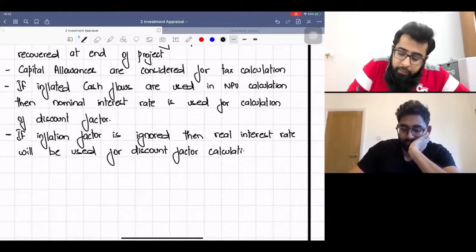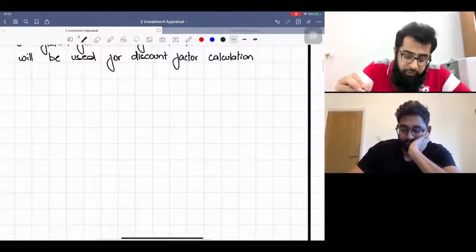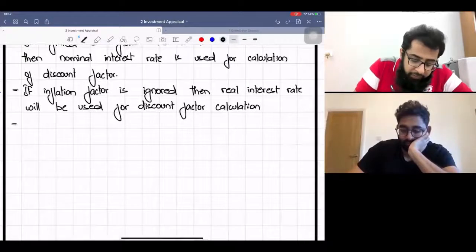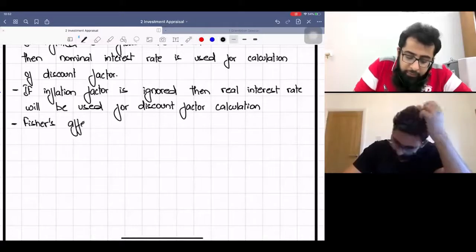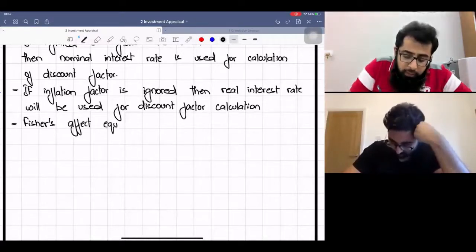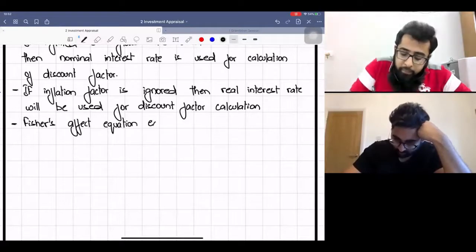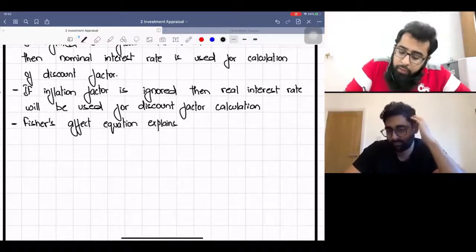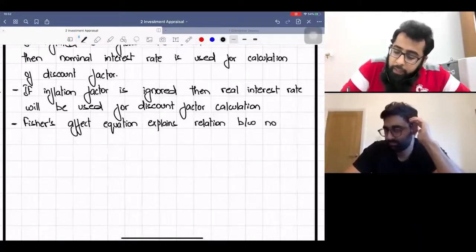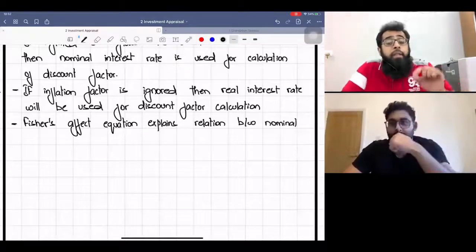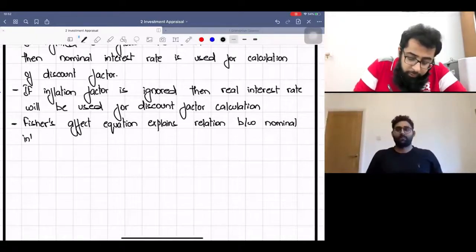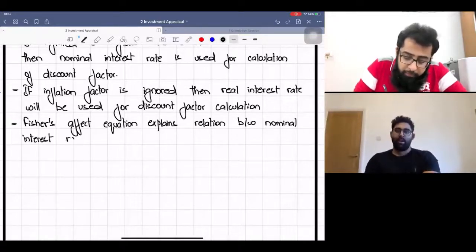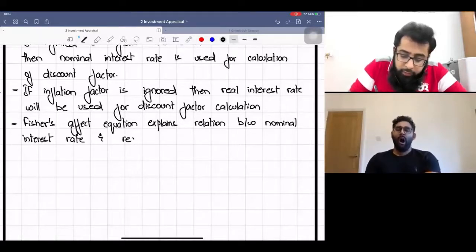There is an equation of the Fisher effect. The Fisher effect equation explains the relation between the nominal interest rate, which includes the impact of inflation, and the real interest rate.